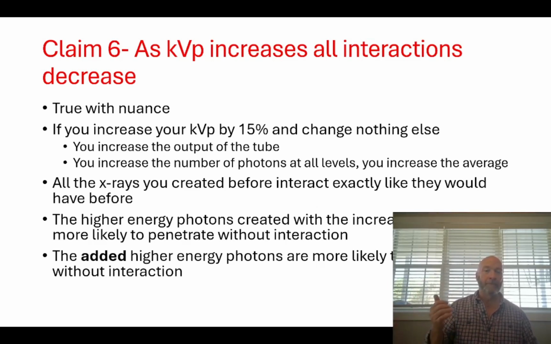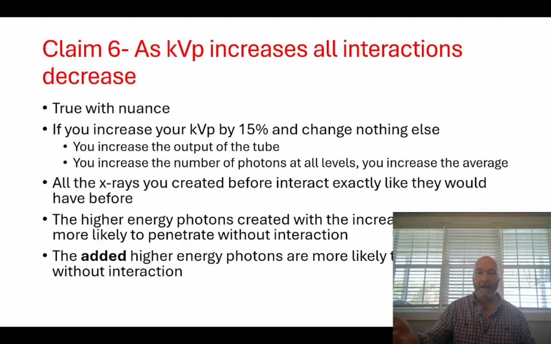So if you increase the number of low energy X-ray photons that would have no chance of getting through the patient to begin with, they're still not going to make it through the patient. So if you had 15 and you created 20 that would not make it through the patient, then your interaction actually went up.